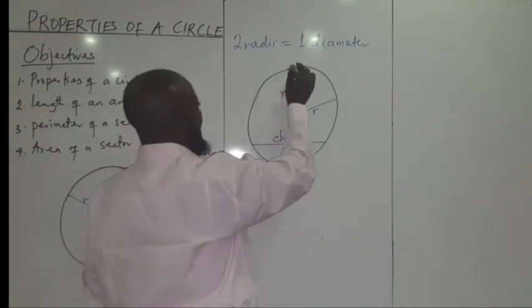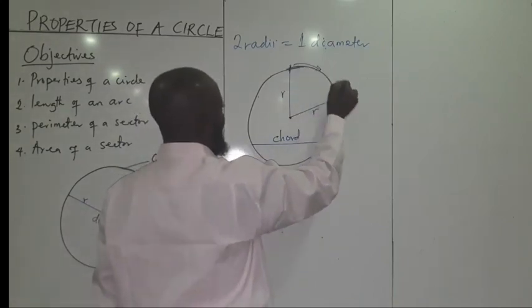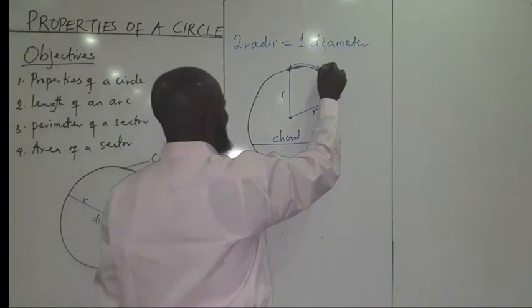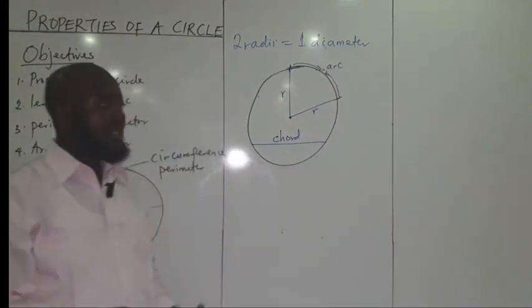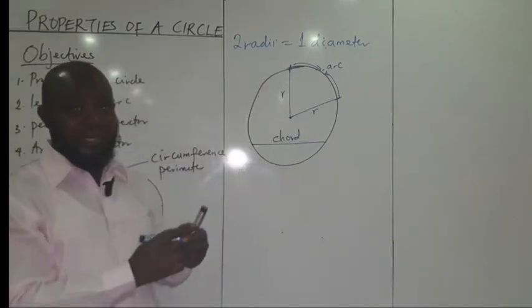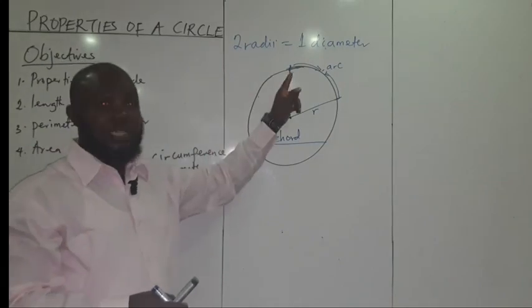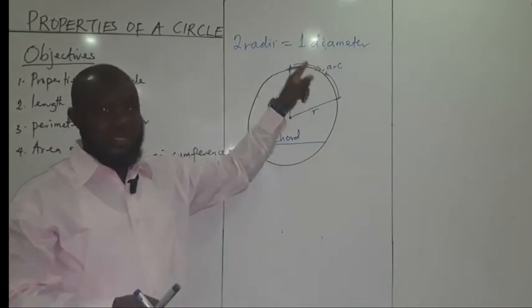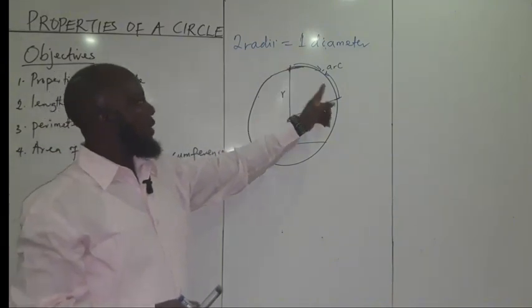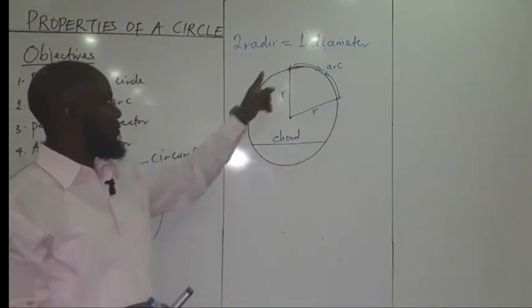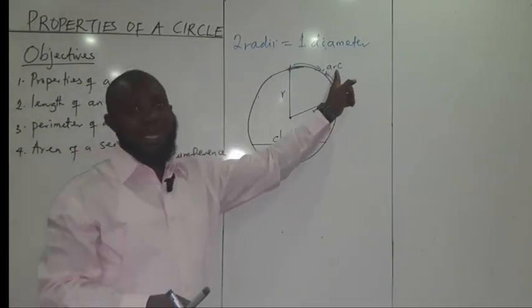If I now cut this out from this place to this place, this line here is called an arc, A-R-C. An arc is a part of a circumference. You can see that I'm cutting out this from this place to this place, from the whole circumference. So part of a circumference is called an arc.